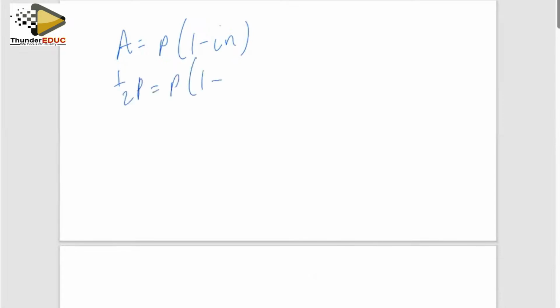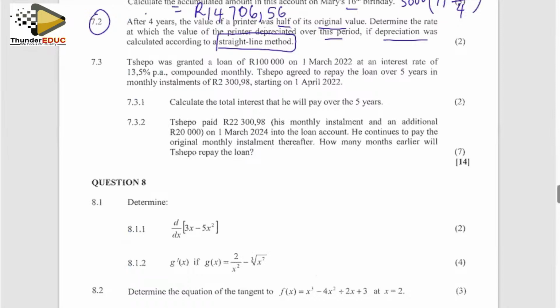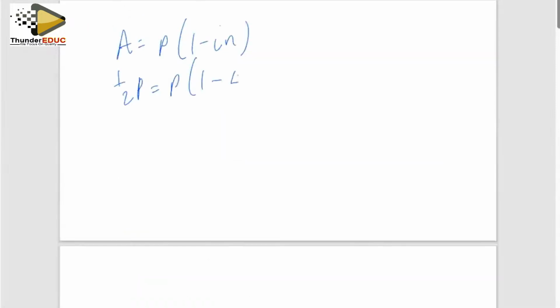1 minus, how many years are we looking at? 4 years, so minus 4I. Divide both sides by P, so a half is equal to 1 minus 4I. Move the 1 that side, we get negative a half is equal to negative 4I.